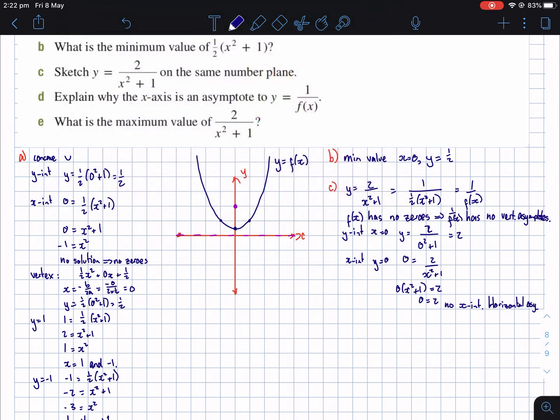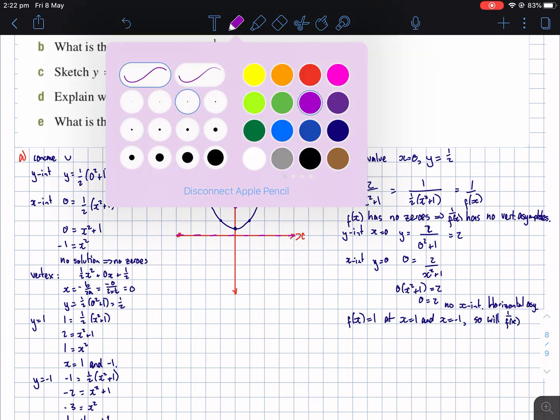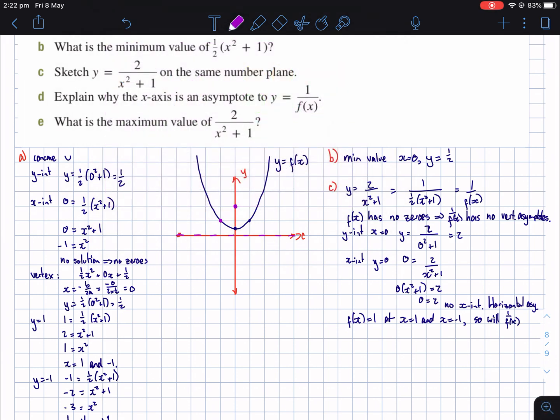And because f of x equals 1 at x equals 1 and x equals minus 1, so will 1 on f of x. So all I'm saying is that the points where f of x equals 1, we're going to go through the same points.